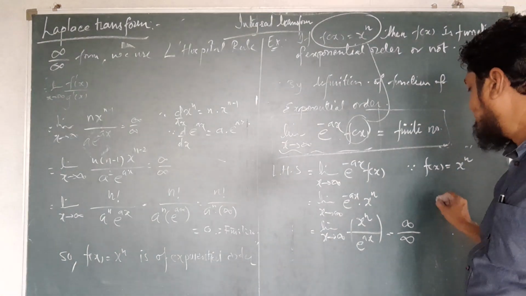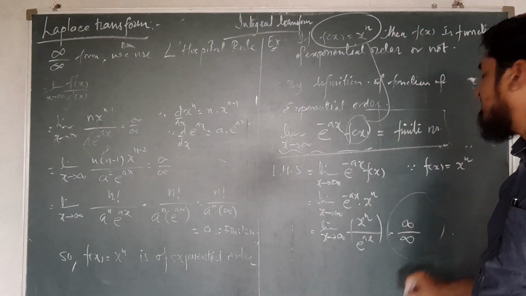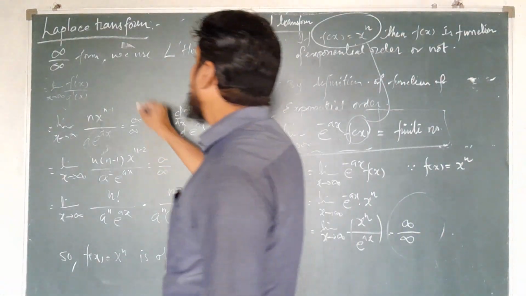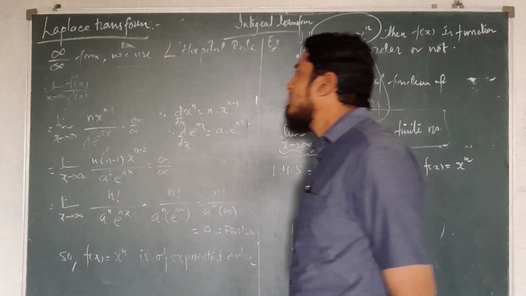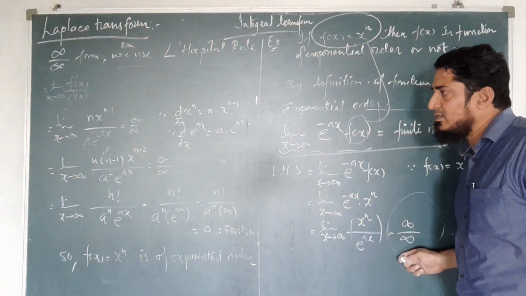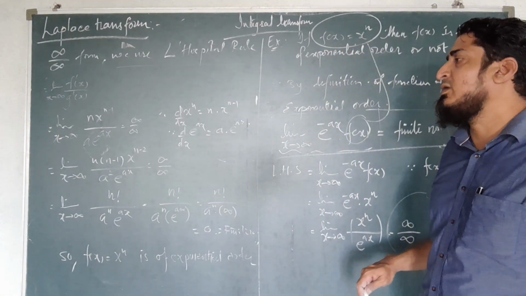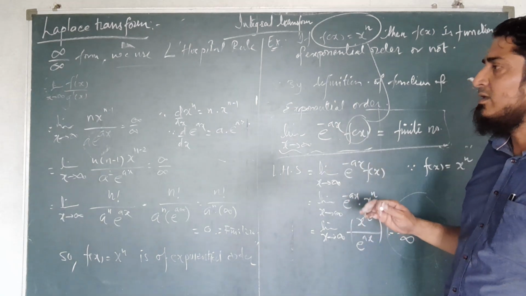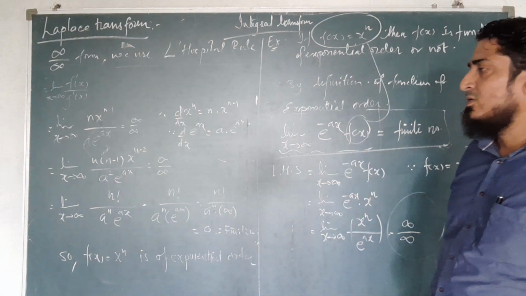If such a type of indeterminate form occurs, we use L'Hopital rule to solve such an expression, and in L'Hopital rule we differentiate numerator and denominator respectively and separately.